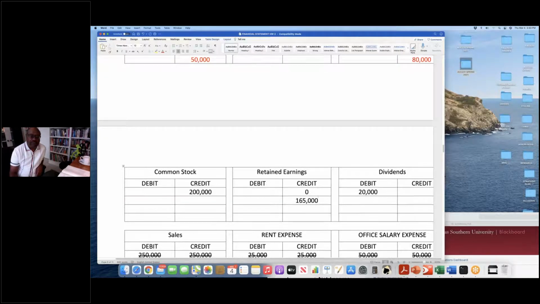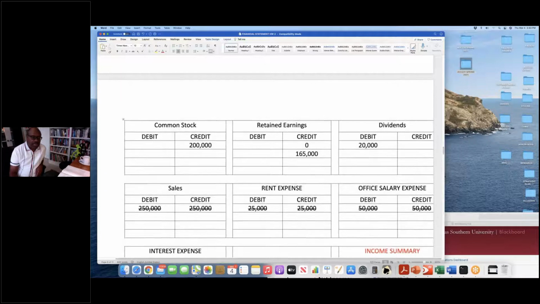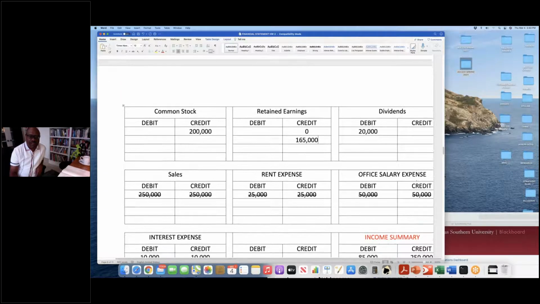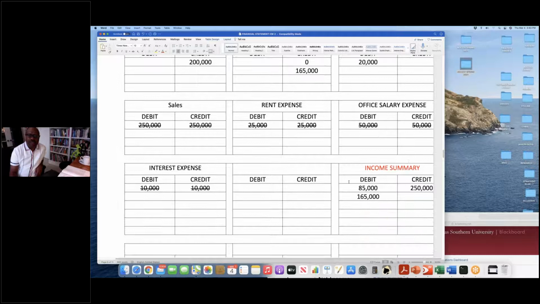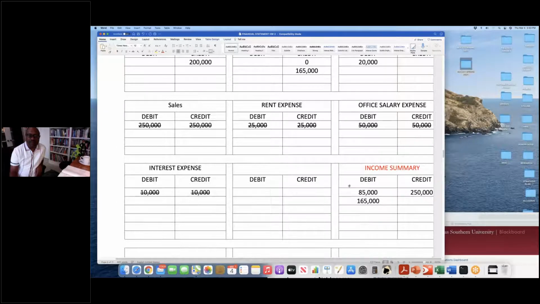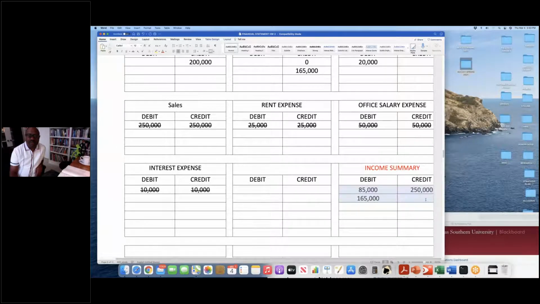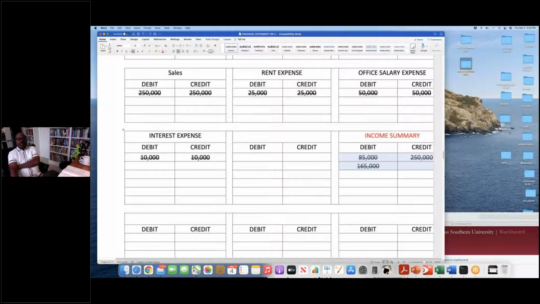Okay. So it might look like it's supposed to be 145, but why is it not 145? So now income summary has done its job and it's done for the day.